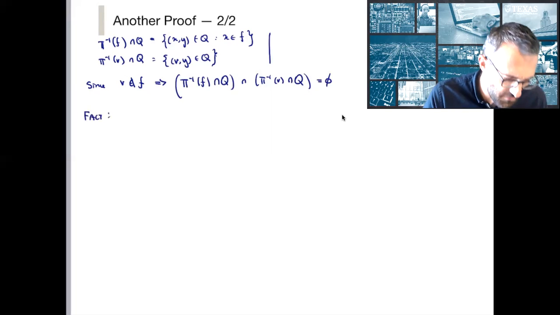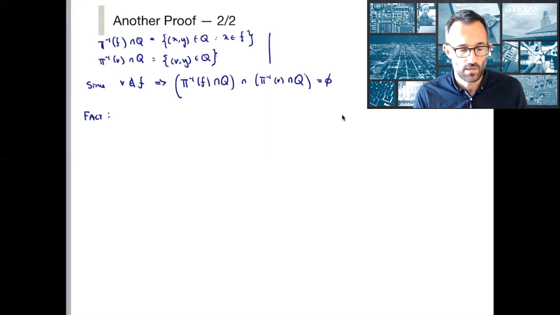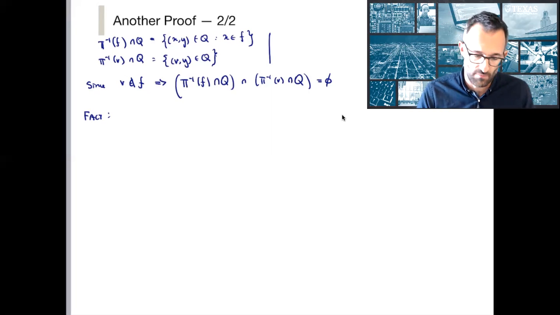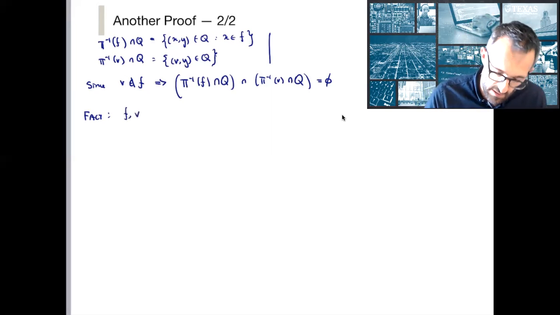So an important fact is that if I have any face of P, then the inverse under π of that face in Q is also going to be a face of Q. In particular, f and v are faces, but this is true for any face.